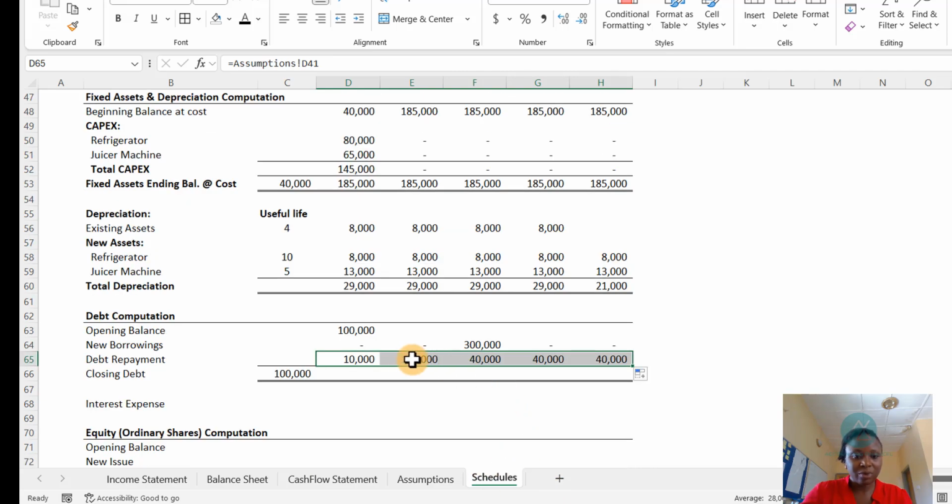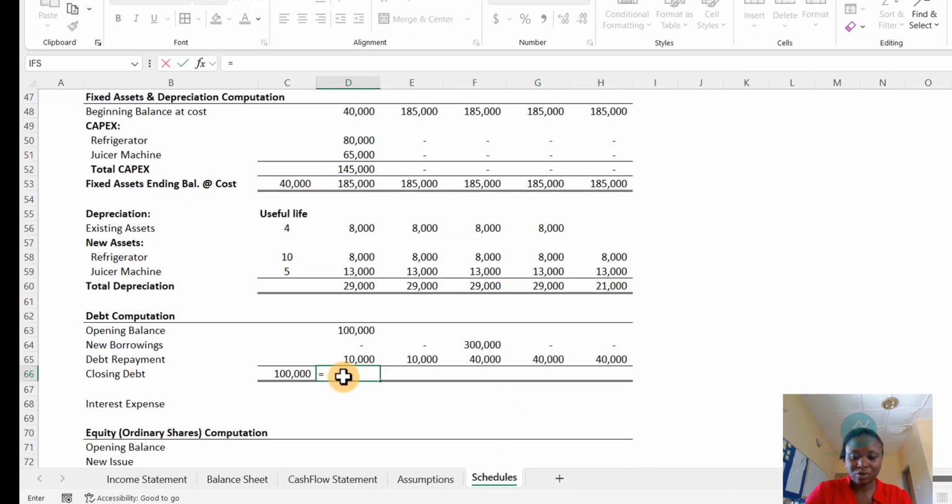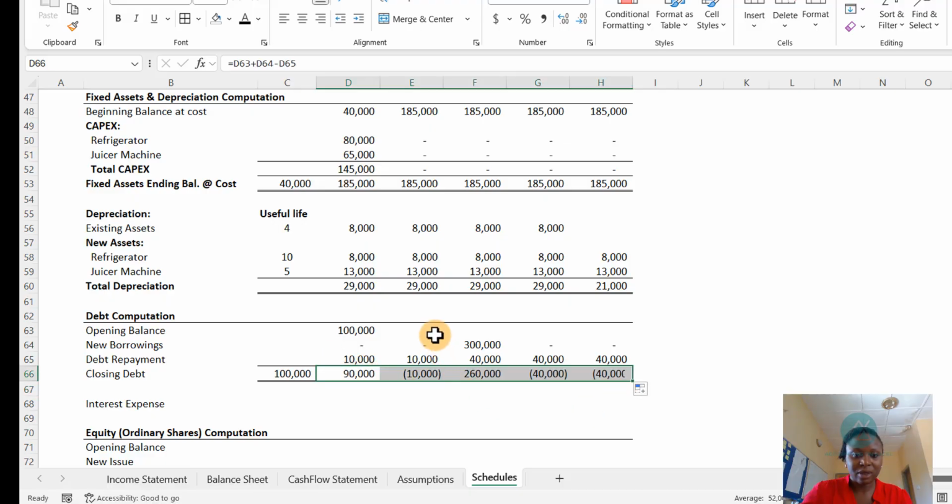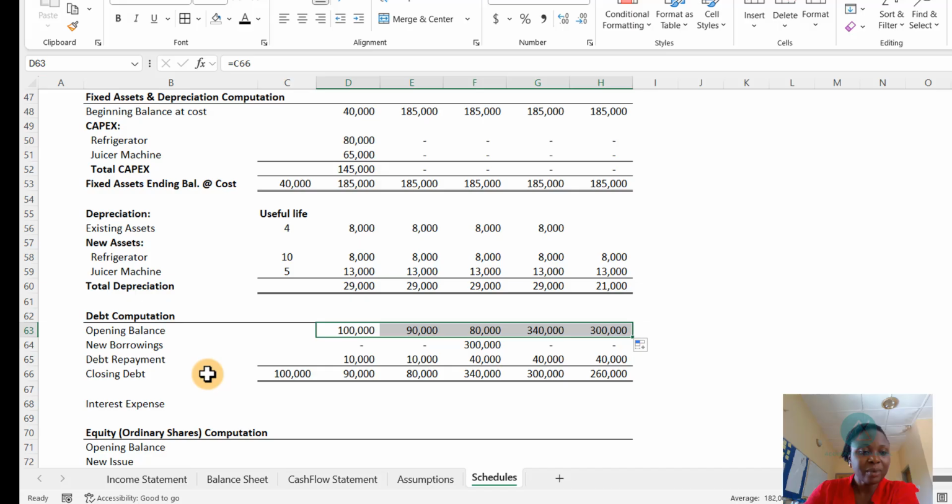So what's the formula we are using? It equals the opening balance plus new borrowing, then minus repayments, right? That's the formula. Good. So you can just fill downwards. Then you can also fill rightwards. So these are our debt repayment, and this is our closing debt.